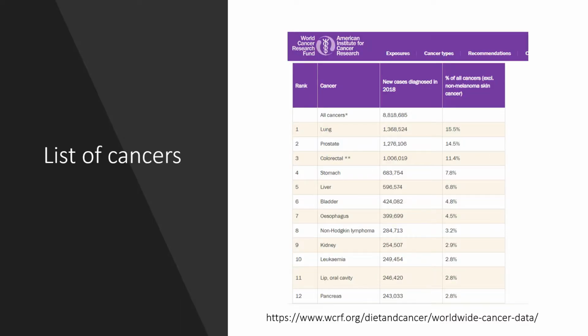So next, here you can see a slide from worldwide cancer data. As I said, this is just a list of 12 cancers. If you go to this website, the link is available, and you can see a list of cancers, and all possible tissue types have different cancer types. Again, you can see that the incidence of each cancer is very high.